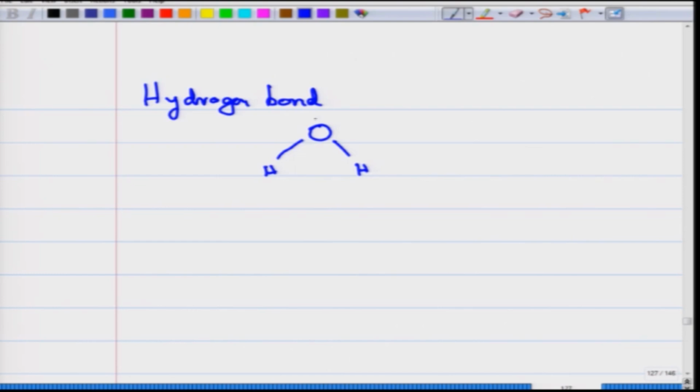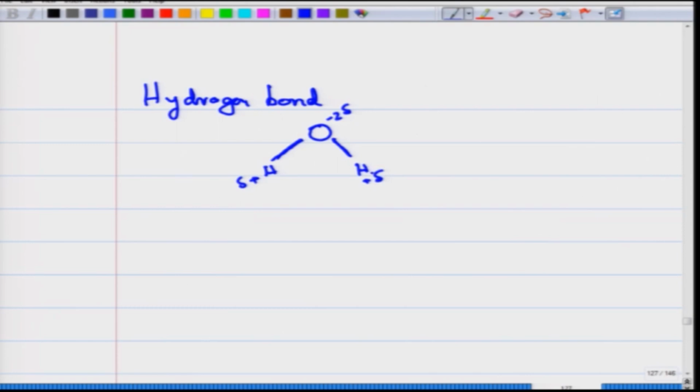But what happens in this hydrogen bond is that the electrons are more displaced towards the oxygen, and so the oxygen has a slight negative charge and the hydrogens gain a slight positive charge.